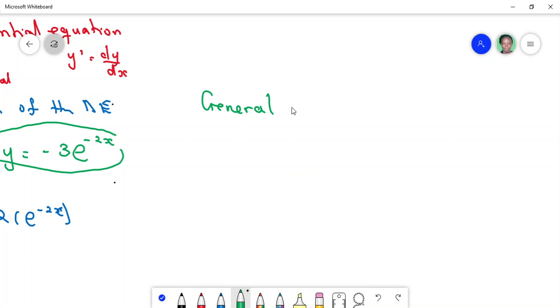The general solution here is going to be y equal to a certain constant, c, times e raised to the power minus 2x. This family of solutions is what we are calling the general solution of a differential equation.